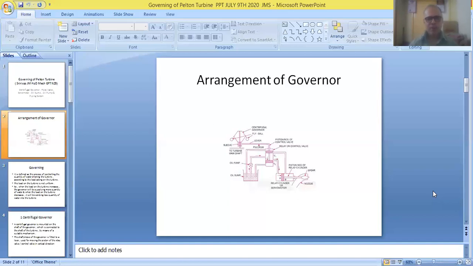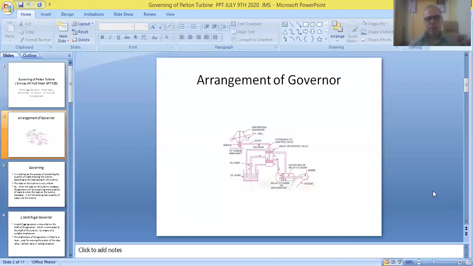So friends, we have to use a centrifugal governor, install a main lever, a vertical cylinder, a servometer, an oil reservoir, a hydraulic pump, and also pipelines for conveying oil from one place to another. So this is the arrangement of a governor that is used for operating the Pelton turbine.